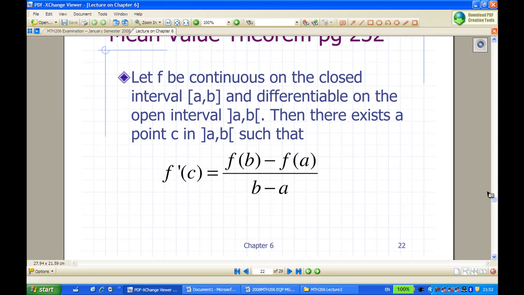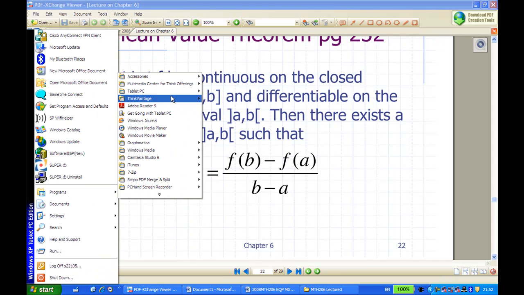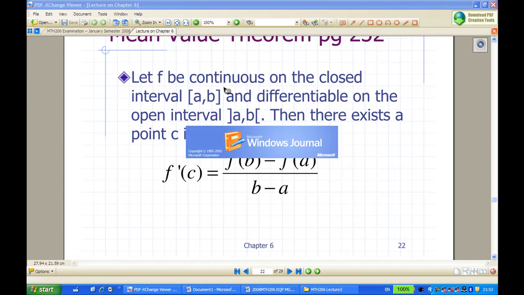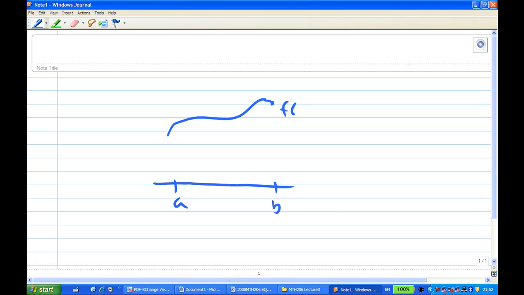And what does the mean value theorem actually say? Let's draw a picture. Say we have a closed interval from a to b, and a function that is continuous on the closed interval from a to b and differentiable on the open interval from a to b. Let's say this is f of b, and this is f of a in terms of y.